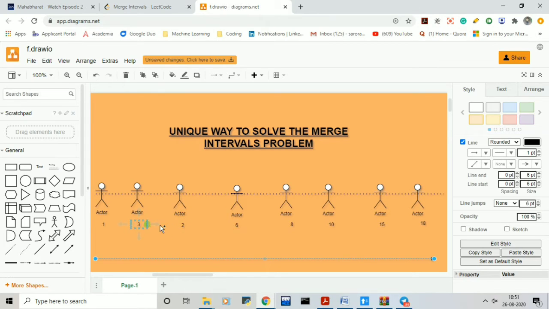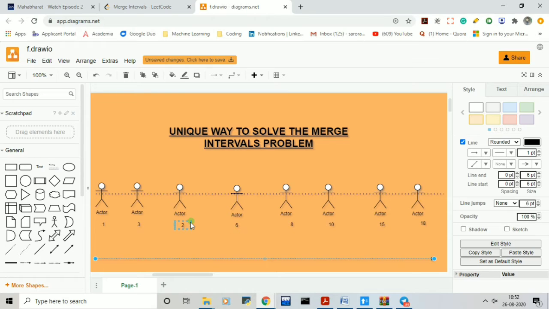It means this 2 is overlapping with the previous interval. Why am I not comparing this 2 with the 1? Because if I compare with the end part, then the previous part is already covered, right? So I compared this 2 with the previous interval's ending, and I got to know that this interval 2 comma 6 is a problem because the number line is being disturbed.